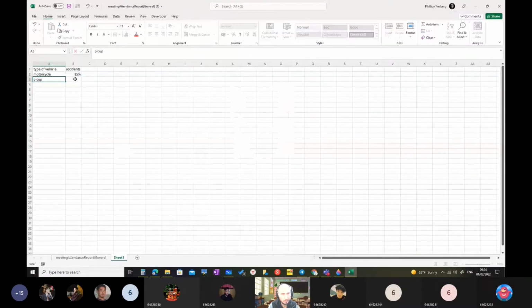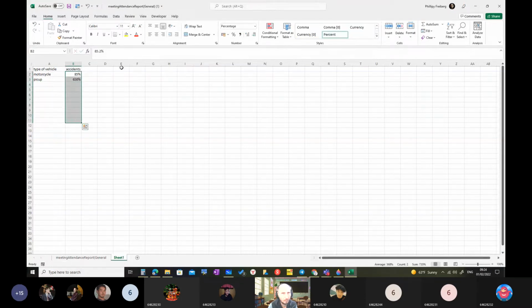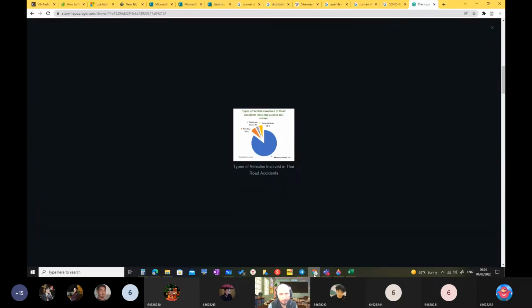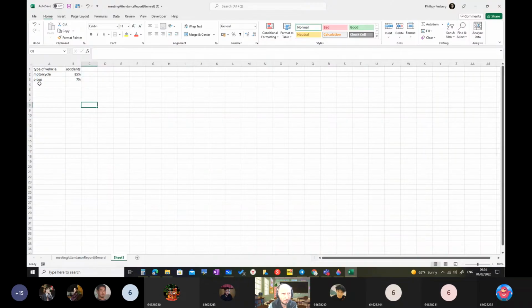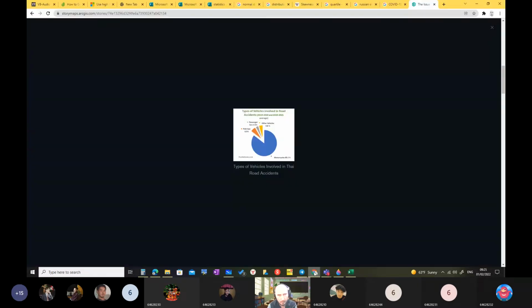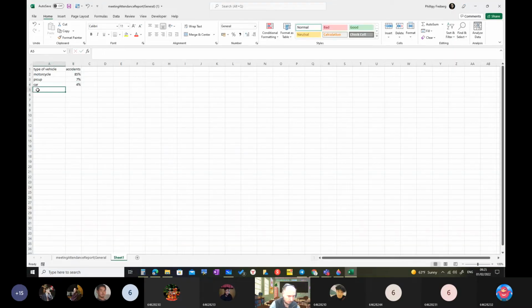So it needs to be all in percent. And then car 3.5. Just a normal car, 3.5. And then other 4.8. So the sum is 100%.